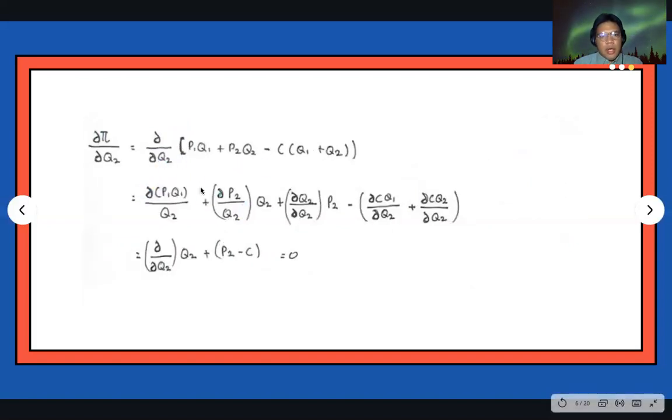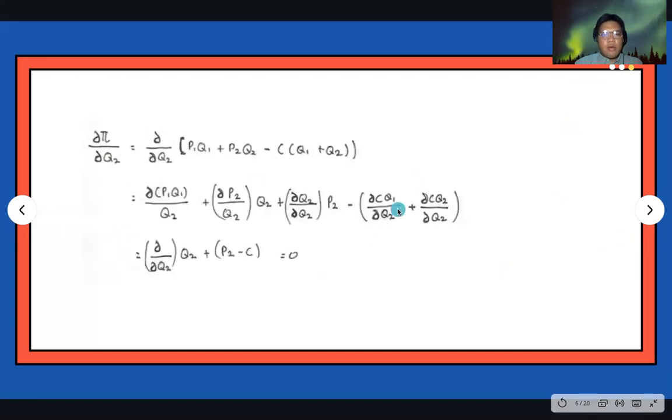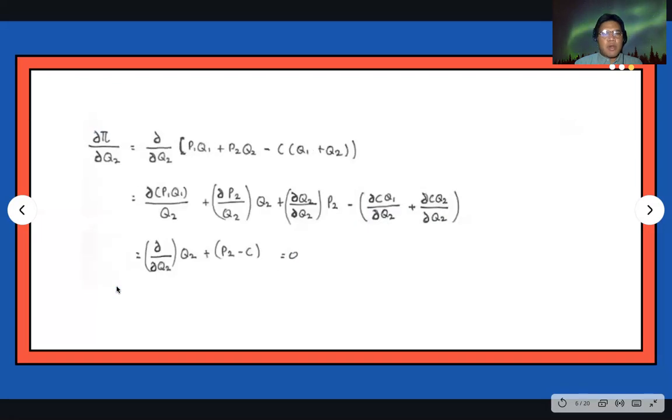Then we make some adjustments, and the end product of this calculation is this. So after we found these two equations, we can simply conclude.